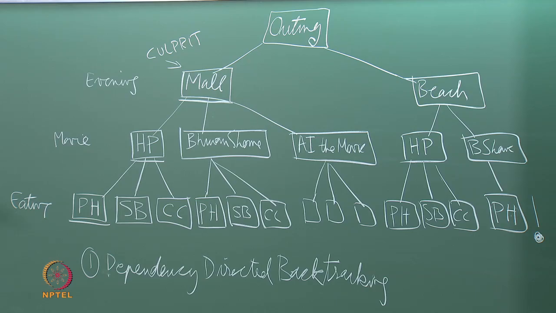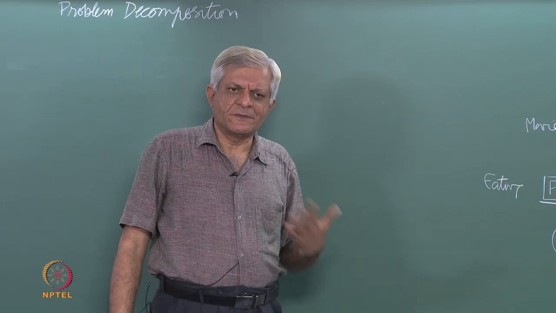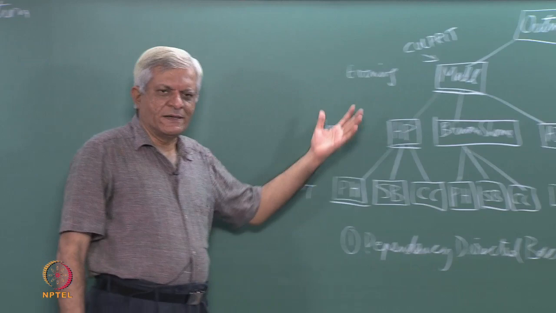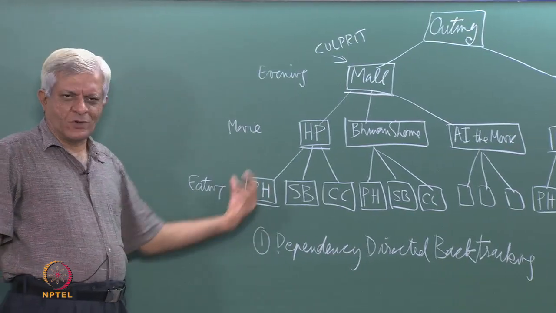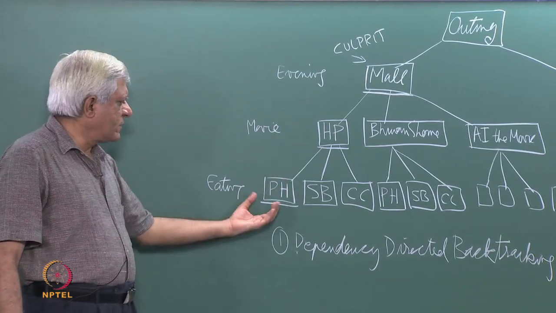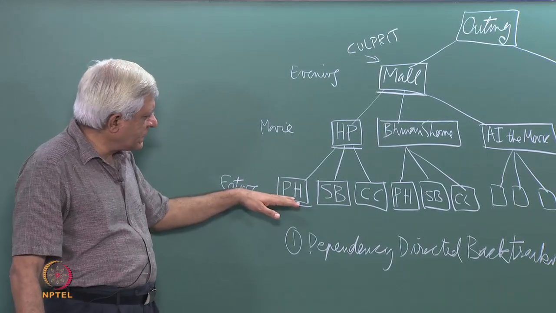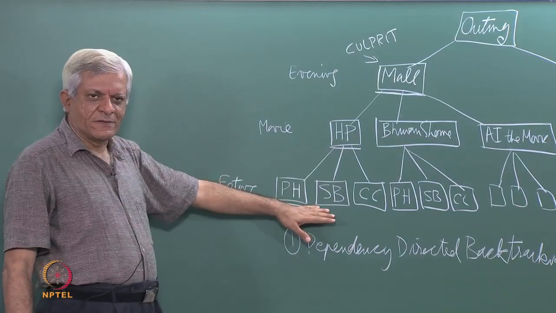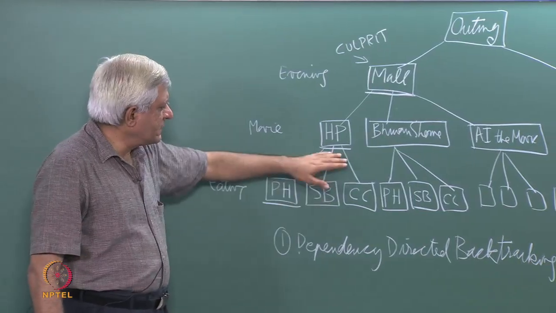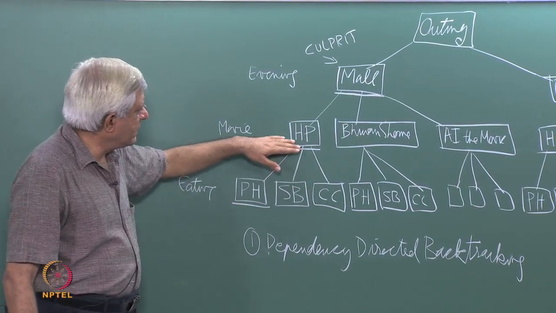Now, the backtracking that we are doing here in most of the algorithms that we have seen is chronological in nature, that you undo the last choice that you make. So, you tried this solution, it did not work, so you undo this last choice which is Pizza Hut and try the next one at that level which is Saravana Bhavan. Undo this and try this. When all these three fail, then you undo this and try this.